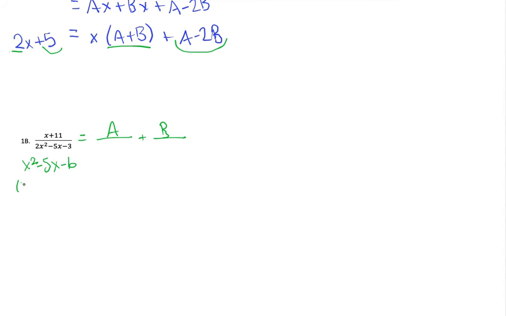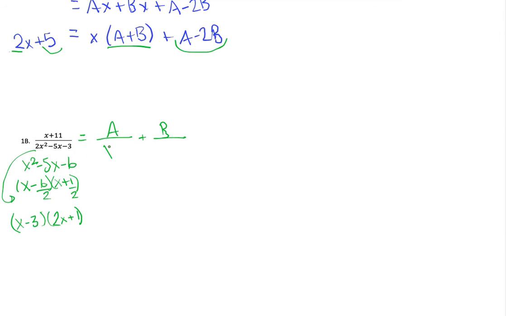And then I have x minus 6, x plus 1. And then I'll divide by my 2, because I have to bring that down. So this one is going to be 2x plus 1, and this one's going to be x minus 3.